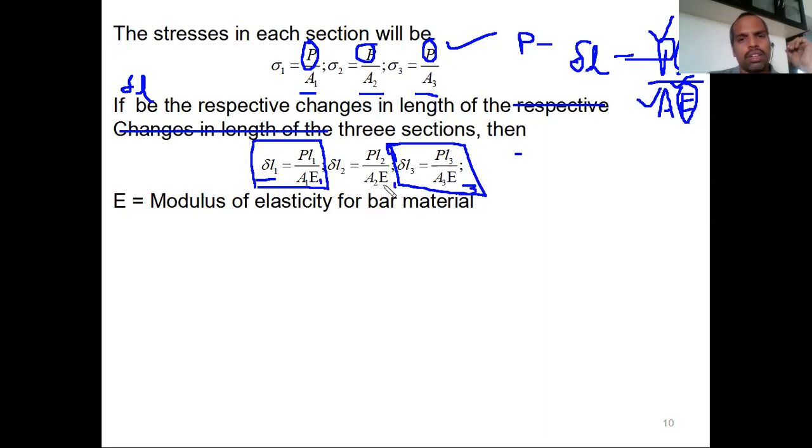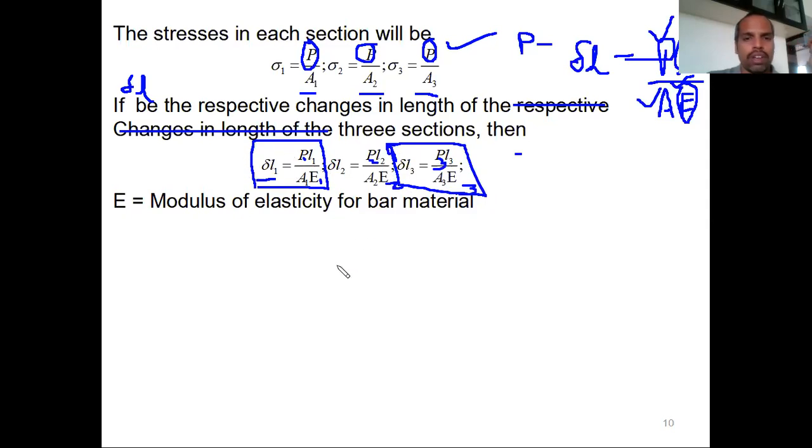But in this case it is the same. In some cases even P may be different, because each section may be subjected to a different force, so P1, P2, P3. We are going to solve some problems on this. So any combination of variables may vary.